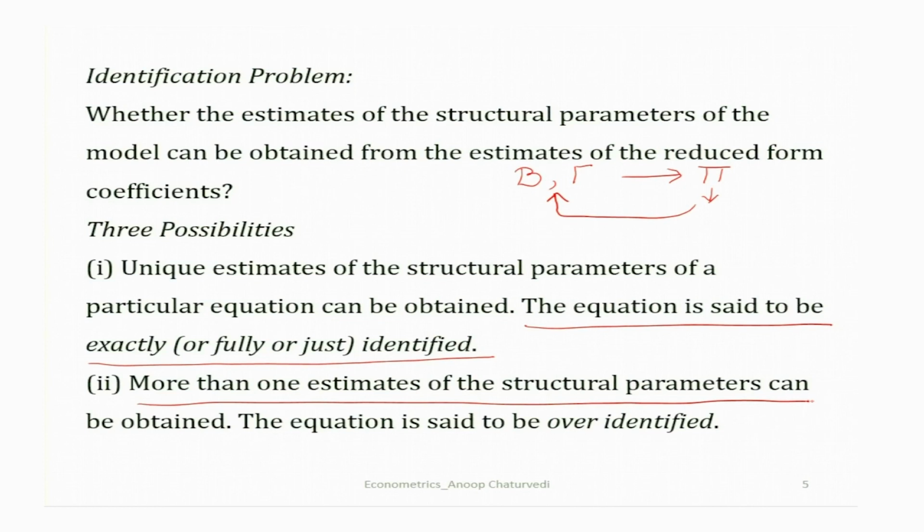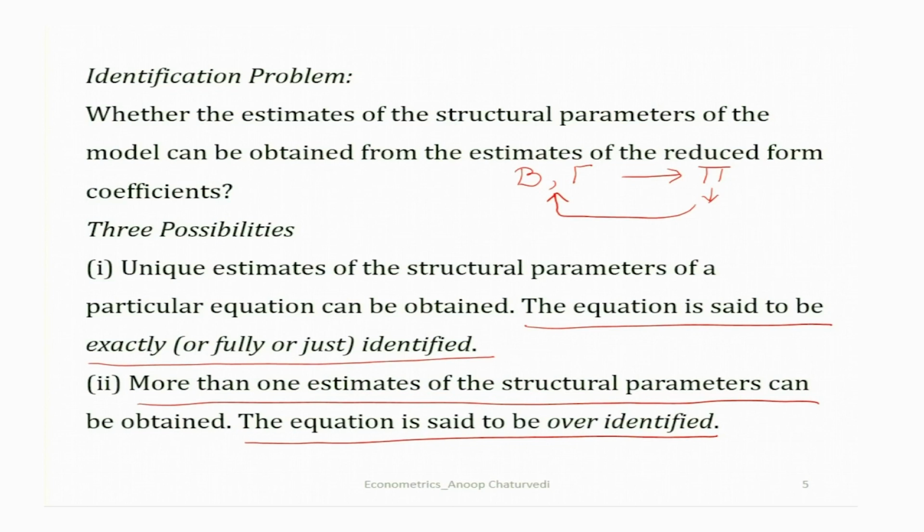Then the second possibility is that more than one estimate of the structural parameters can be obtained. So, in this case, the equation is said to be over identified. You have more than one solution, more than one estimate for the structural parameters.